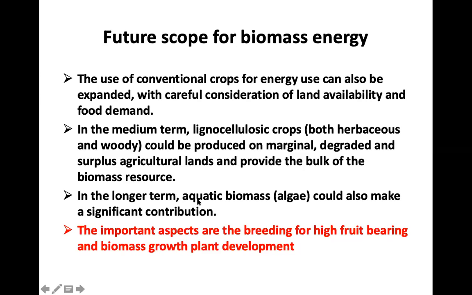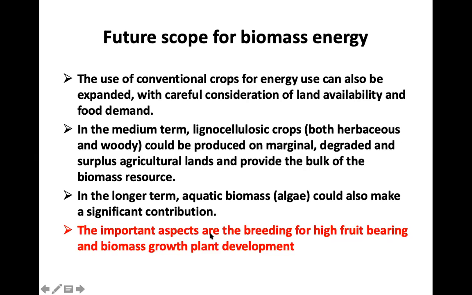In the longer term, aquatic biomass could also make a significant contribution. That means algae. Yes, we can cultivate algae and make huge energy, because algae is much more efficient at trapping solar energy than any other crop plant.